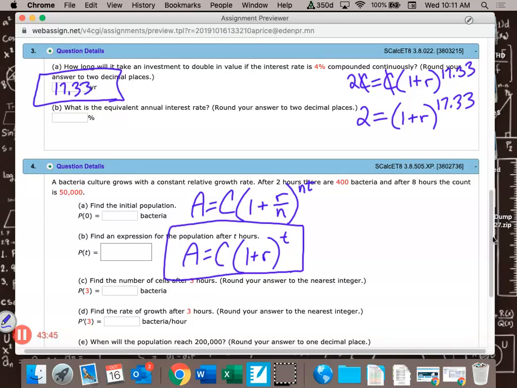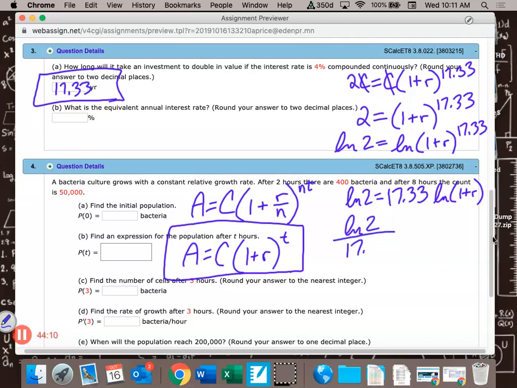That works, right? But I am an ln kind of a person. That's my go-to. So I would ln this. So coming down here, ln2 over 17.3 equals ln of 1 plus r. And then divide.